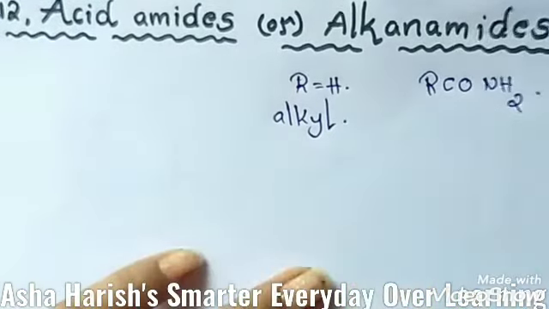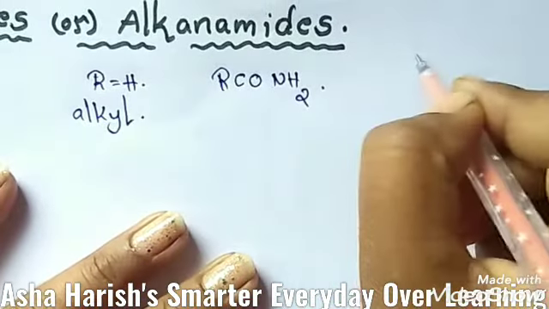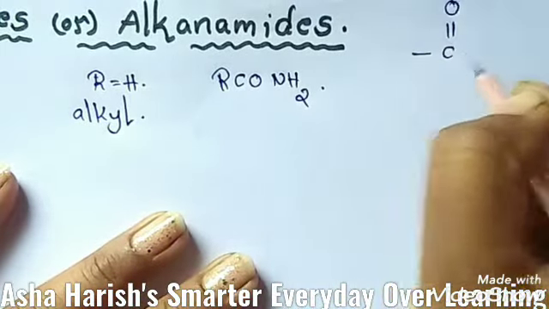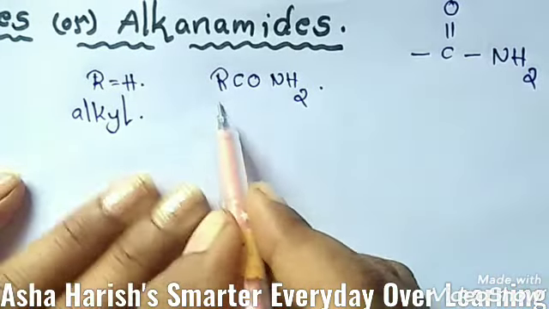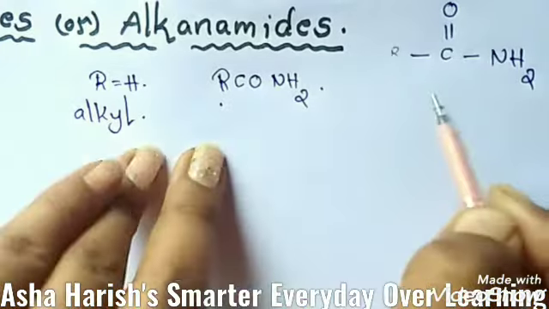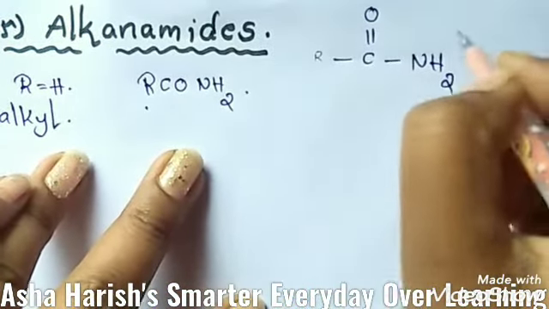And the functional group, how can we represent it? Here R, C double bond O, and NH2.